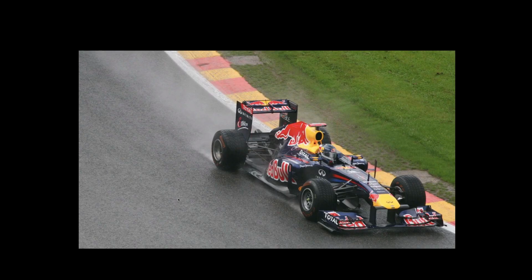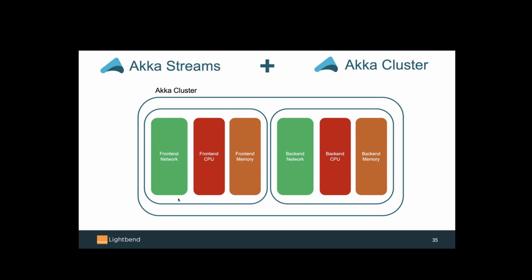And now all of a sudden our application starts feeling much more like an F1 car, being able to accelerate and decelerate and turn and handle all these different conditions. And as long as we're monitoring, we basically end up with our pit crew that's constantly keeping a view on every single tiny detail about how our application is running. And then that pit crew can even start tuning things in real time.